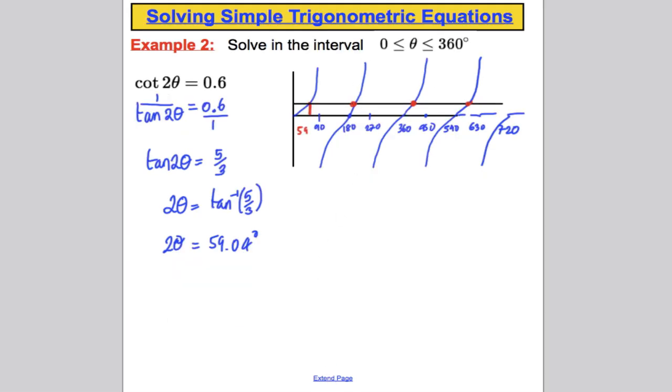The principal value is 59.04, but it's 180 plus that, so another value for 2 theta is 239.04. Another value for it, plus another 180, would be 419.04. And the last value would be 599.04. So there's what 2 theta can be. So theta is half of all of these.